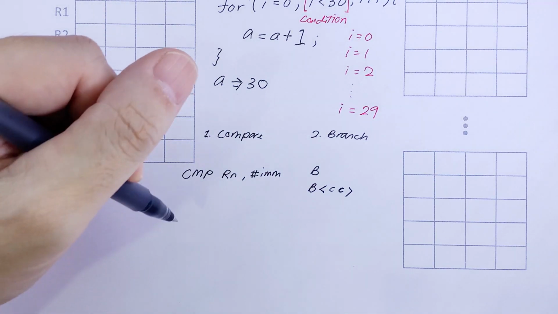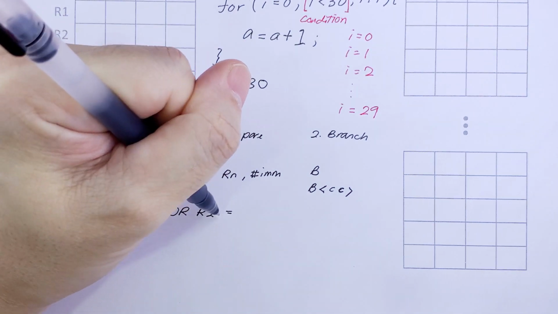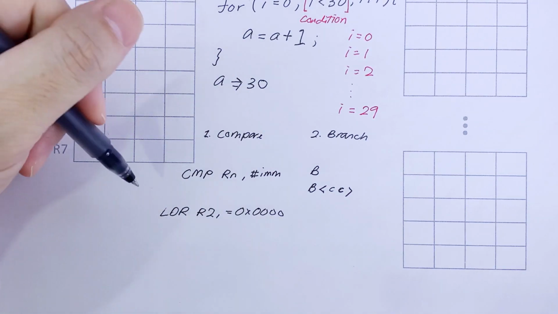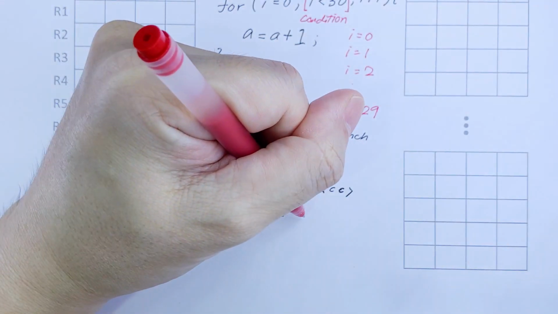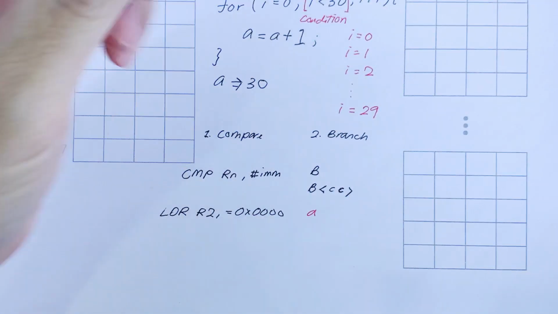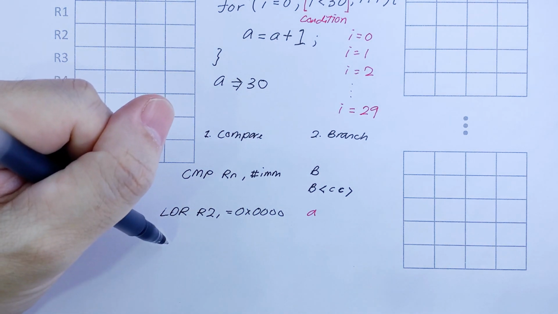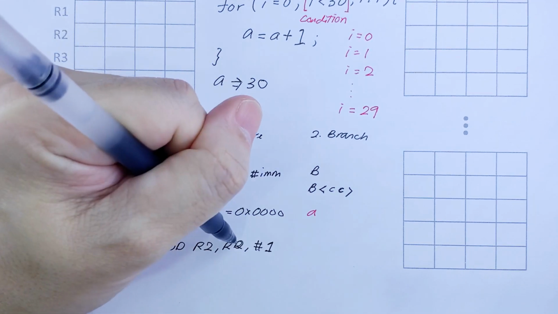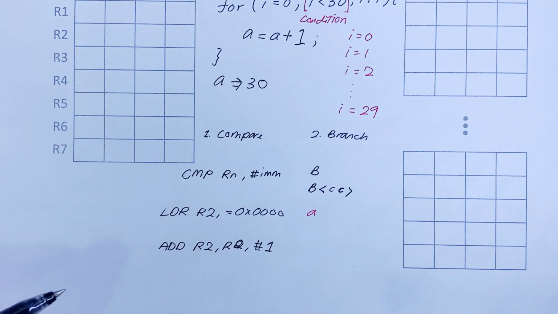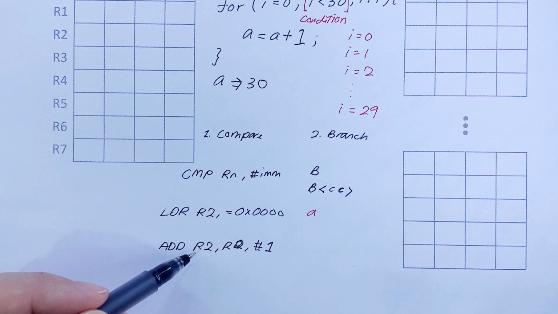So for example, if I use R2 as 0 and I would like to represent R2 as A, as in our example above, then I can do an add operation. I can add R2 with 1 and store the result into R2.